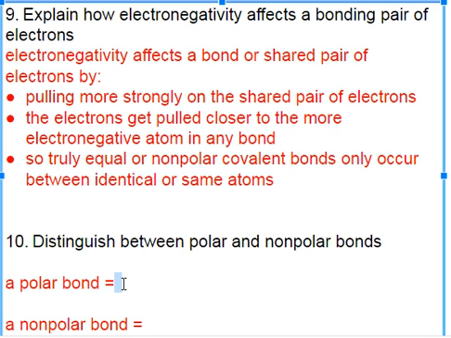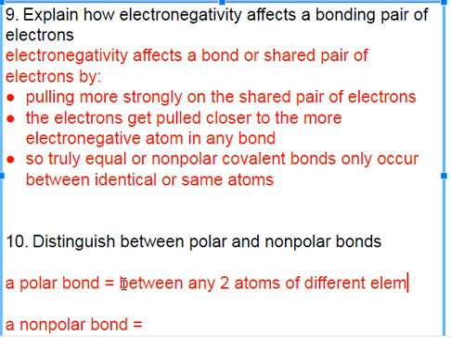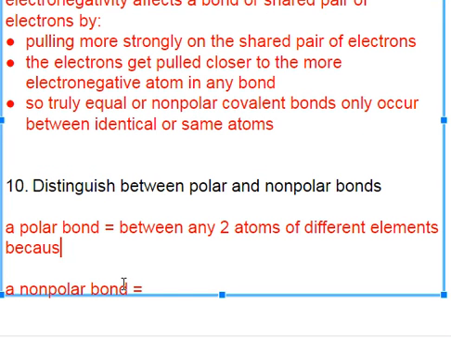So a polar bond is between any two atoms of different elements.